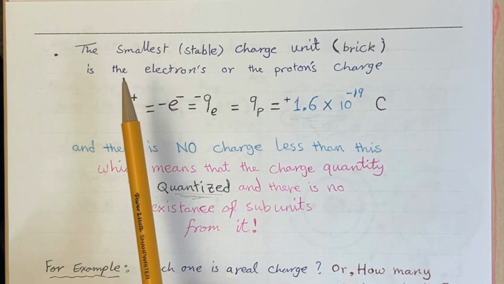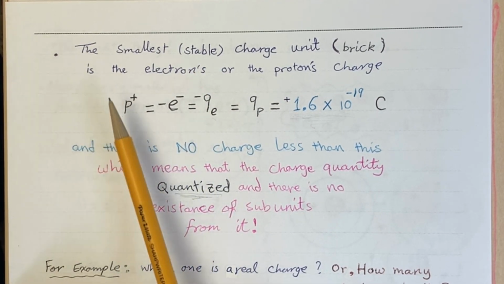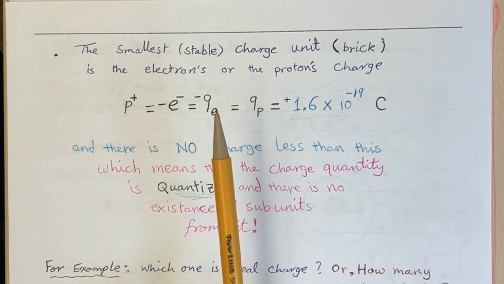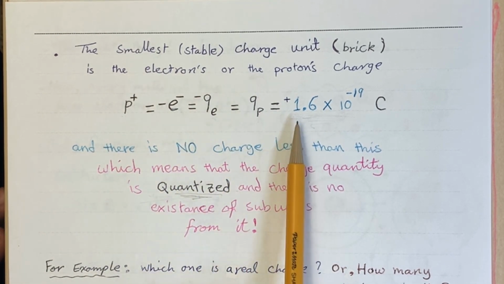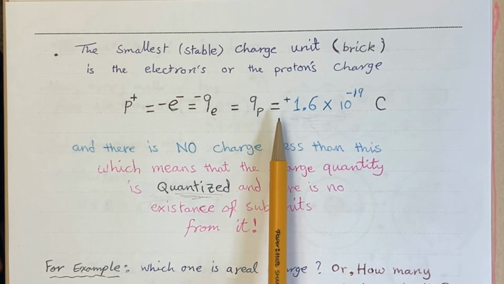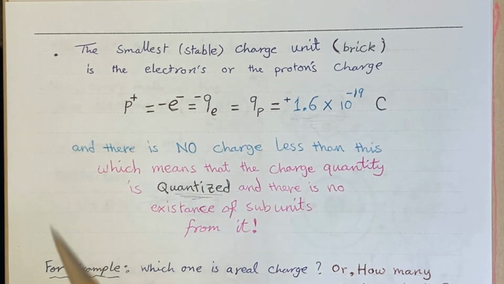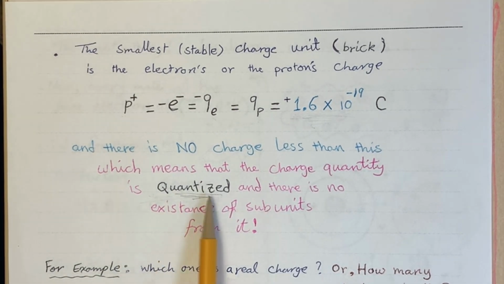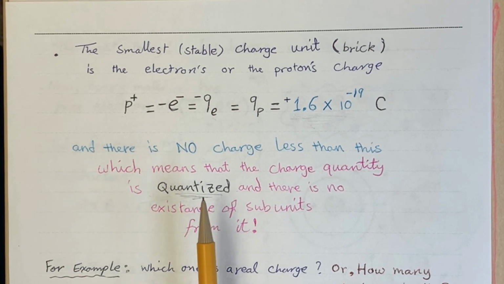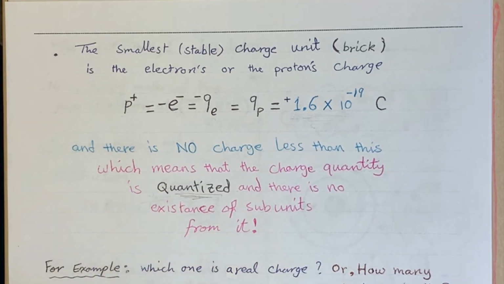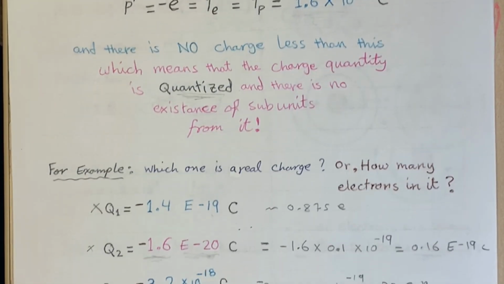They should compose another particle, and the smallest charge according to that is the same charge, which is plus or minus 1.6 times 10 to the negative 19 coulomb. We mean by this that the charge is quantized. We have just integer numbers of charge. We don't have half or a third of this charge quantity, which is the charge of the electron.